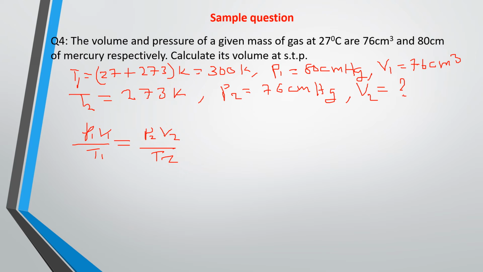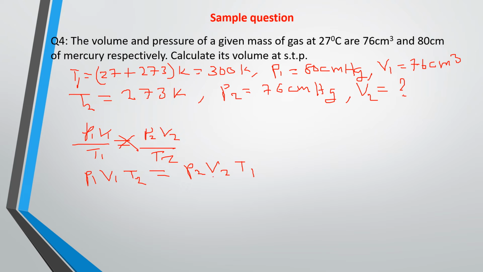Okay, so once you have written an equation like this, you make your unknown the subject of the formula. So by the time you cross multiply, we are looking for V2. If you cross multiply this, you are going to have P1 V1 T2 is equal to P2 V2 T1.